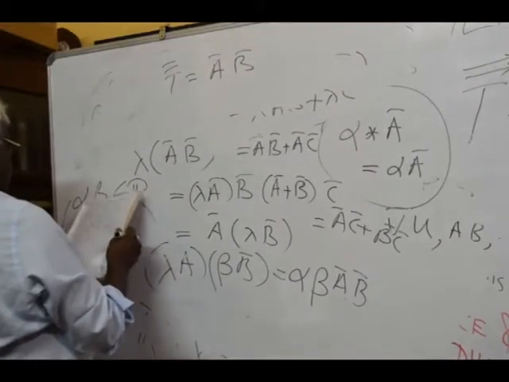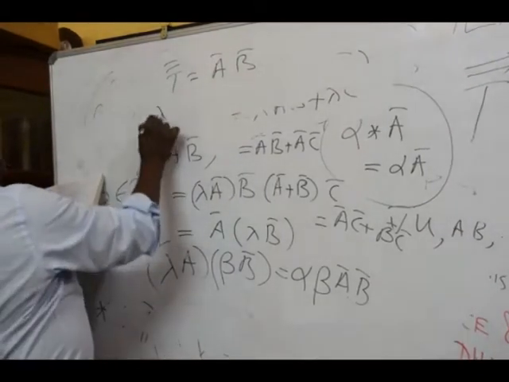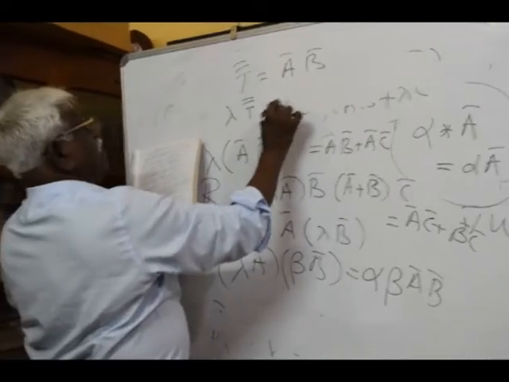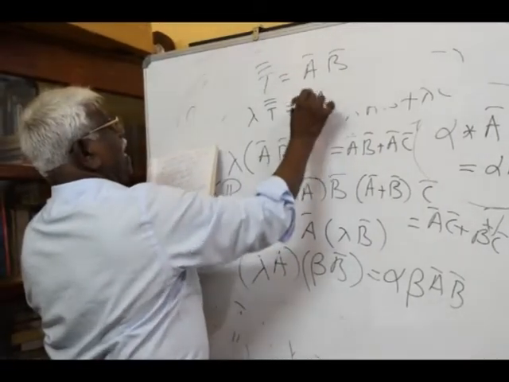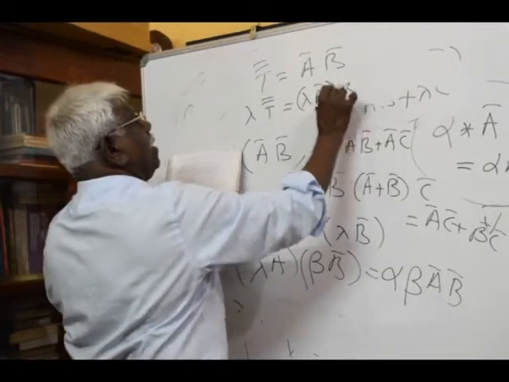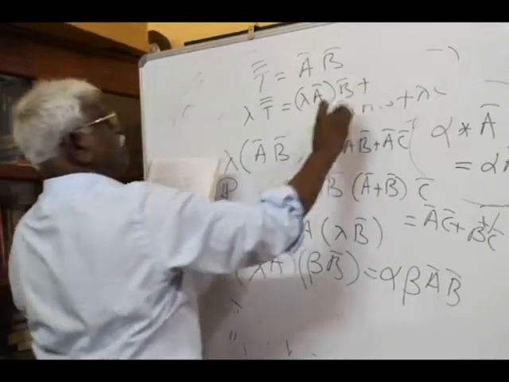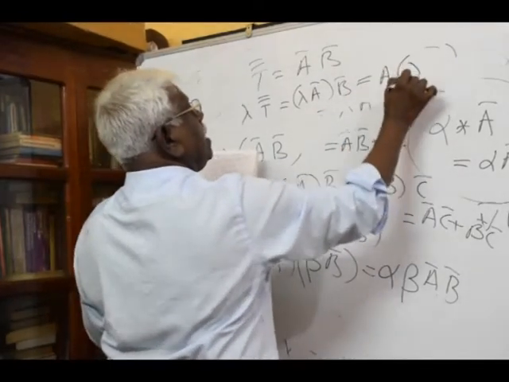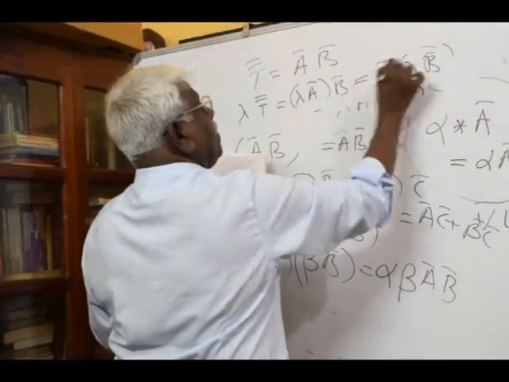Then lambda times the second rank tensor T equals lambda times AB, which equals A times lambda B.